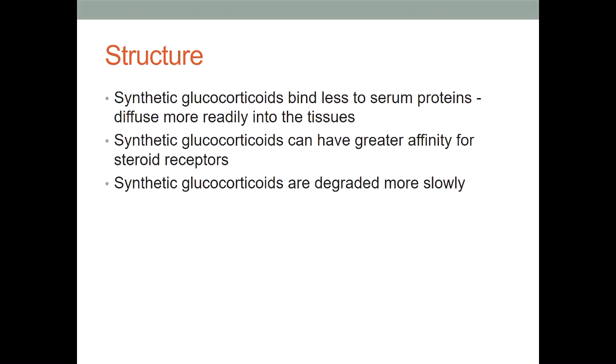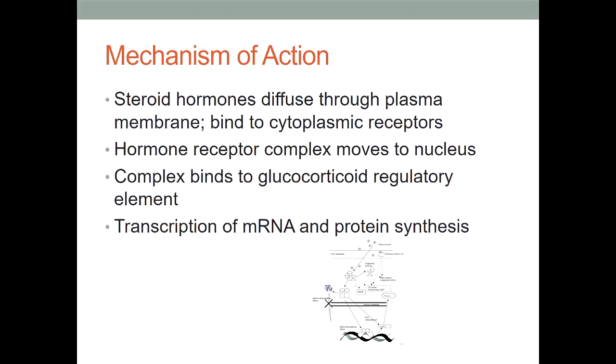But synthetic glucocorticoids, as you might imagine, bind less to serum proteins and diffuse more readily. Of course they're going to, because that's what you want them to do. They have a greater affinity for steroid receptors. Again, that makes sense because you're going to want them to work better. And they're degraded more slowly.